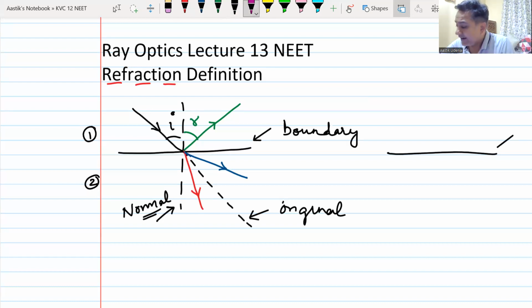Now, let us see, this is radiation. When radiation, let us say Q, falls on this surface, what all things can happen? When some radiation Q, heat, light, electromagnetic wave, ultraviolet wave, any ray, falls on a surface, what can happen? Some part of it can be reflected back, yes or no?